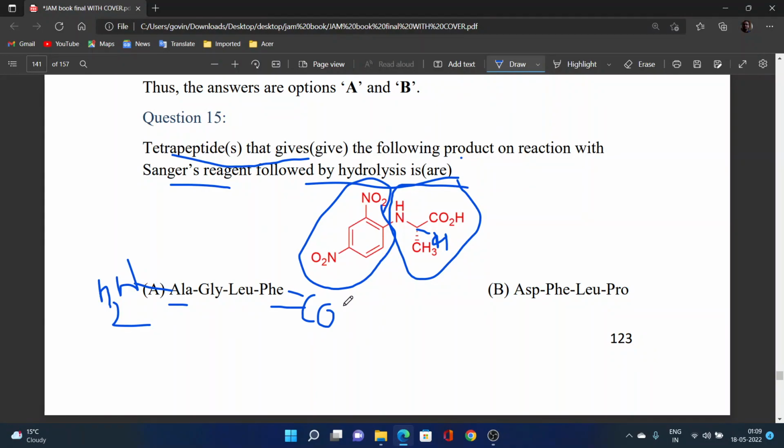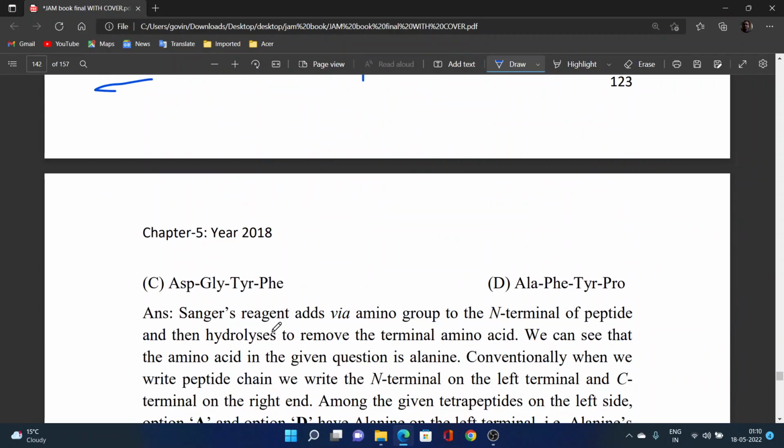Just now what I said is the Sanger's reagent interacts with NH2. So what we need is alanine at the left terminal. So answer will be A and answer will be also D.